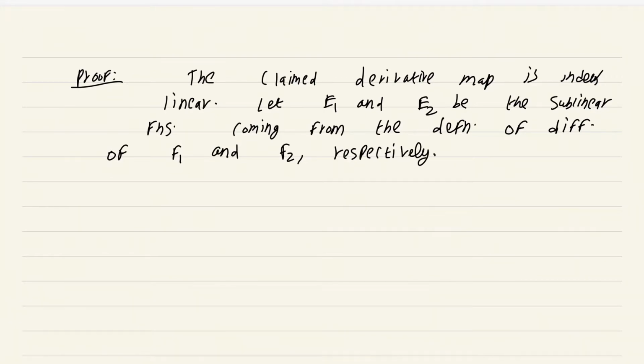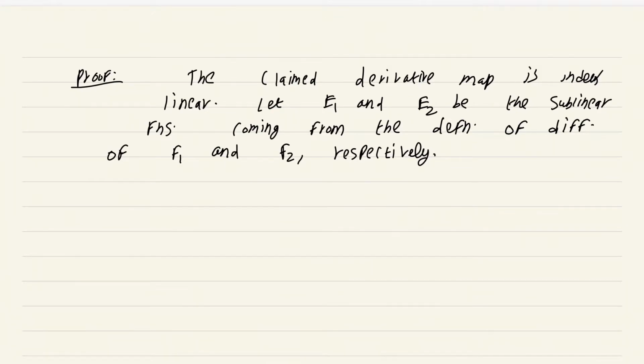So f1 and f2 are differentiable, so you have, I'm getting a bit bored of writing the same thing over and over again, f1 x plus h is equal to f1 x plus d f1 x h plus e1 h, and so on and so forth. Okay, now we'll have to do a straightforward but somewhat long computation.